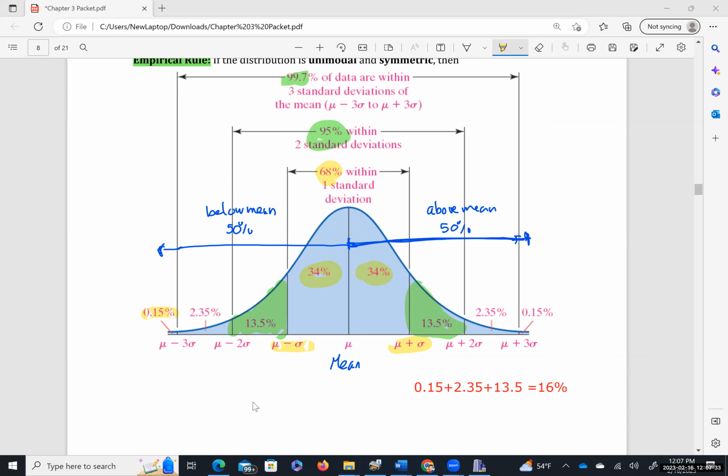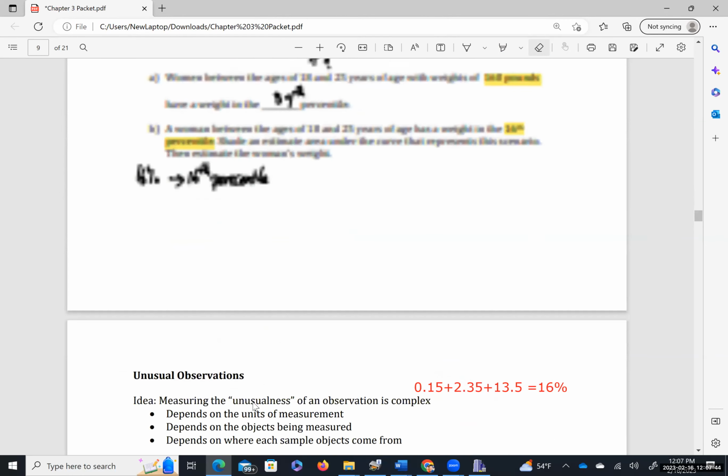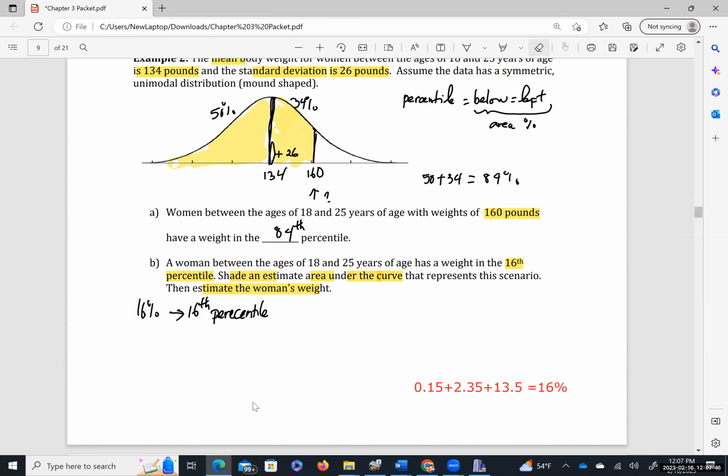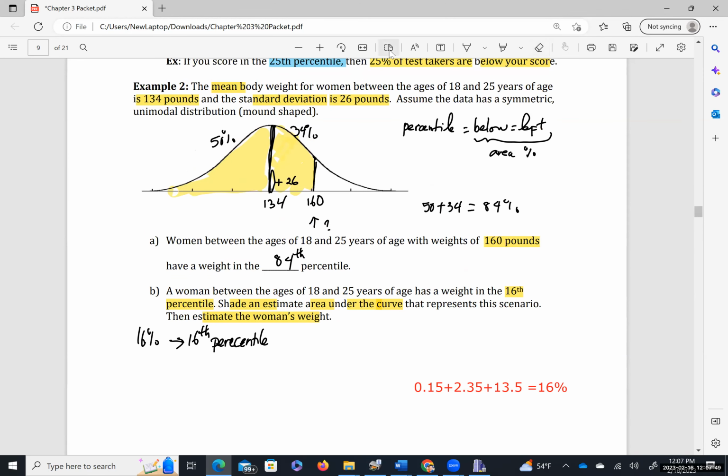So let me move down. And I need to clean this up.